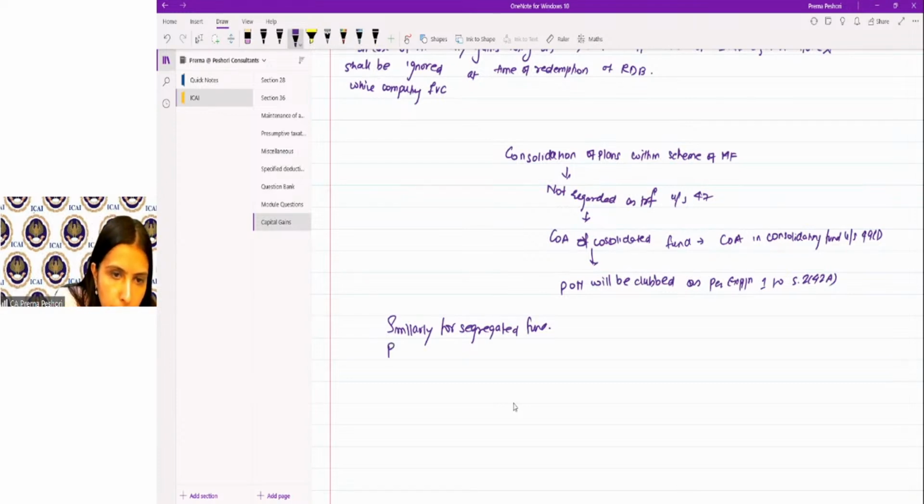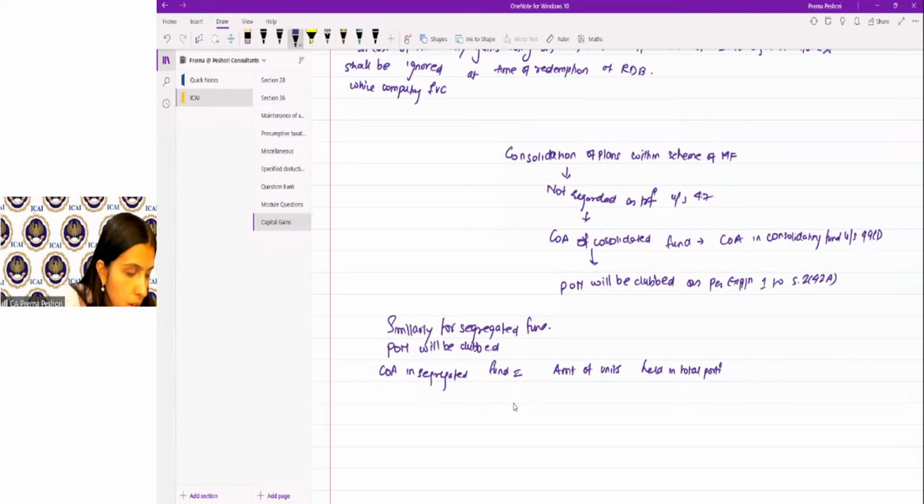Period of holding will be clubbed. Cost of acquisition in the segregated fund will be the cost of acquisition of units held in the total portfolio into the net asset value of the asset transferred to the segregated portfolio, to the net asset value of the total portfolio.